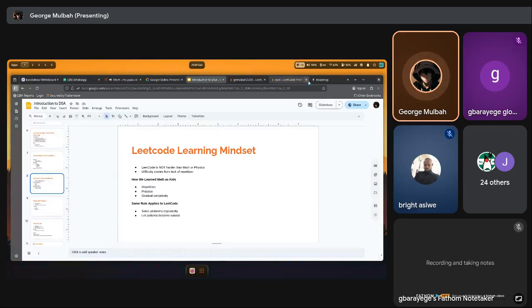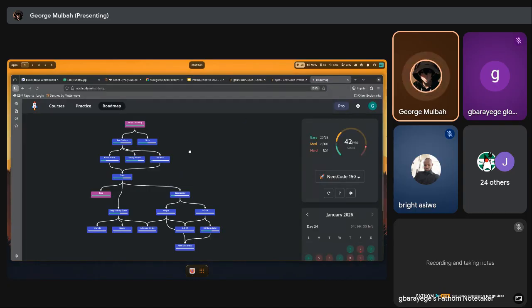Take for instance, if you come back to this roadmap, if you do not have the foundation on trees, you can't solve a trie problem. It's just difficult. You won't know how to solve it. In a similar way with math, if you don't have a foundation in algebra, you can't solve problems relating to calculus.